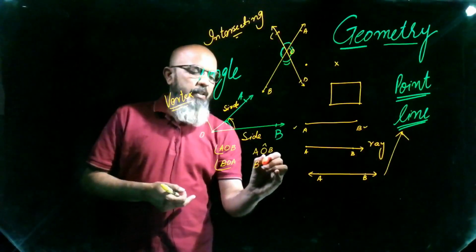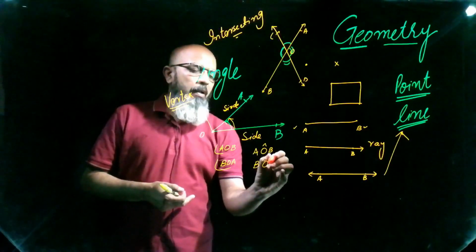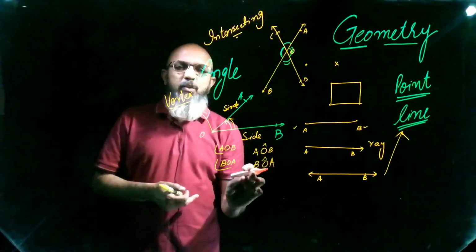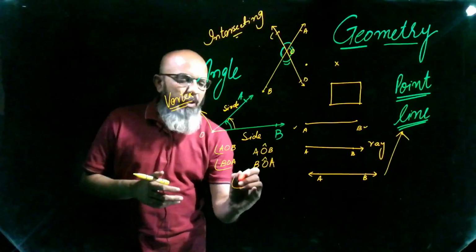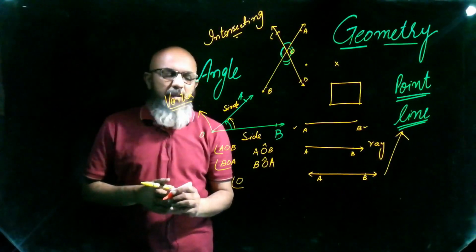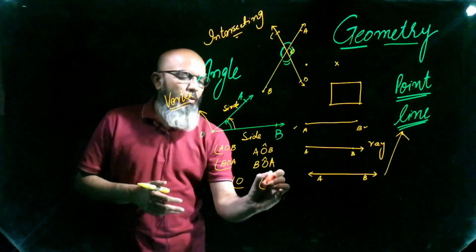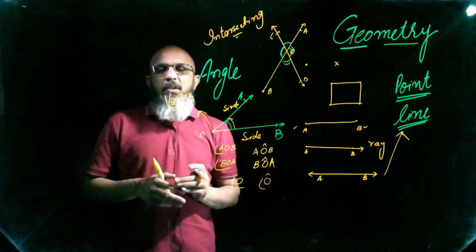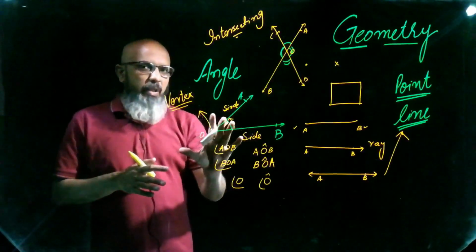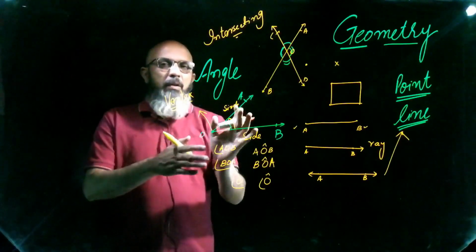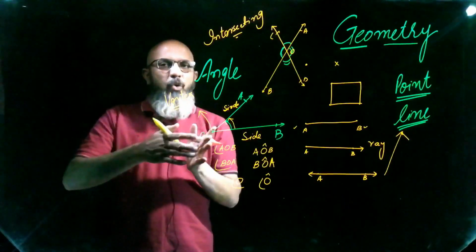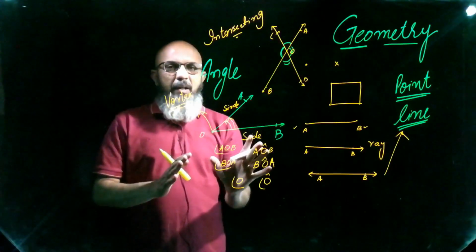Similarly, we can say BOA. That is also a way to write an angle. Similarly, we can write only O. We can write only the vertex O. So we can write this angle AOB or BOA or only the angle O.